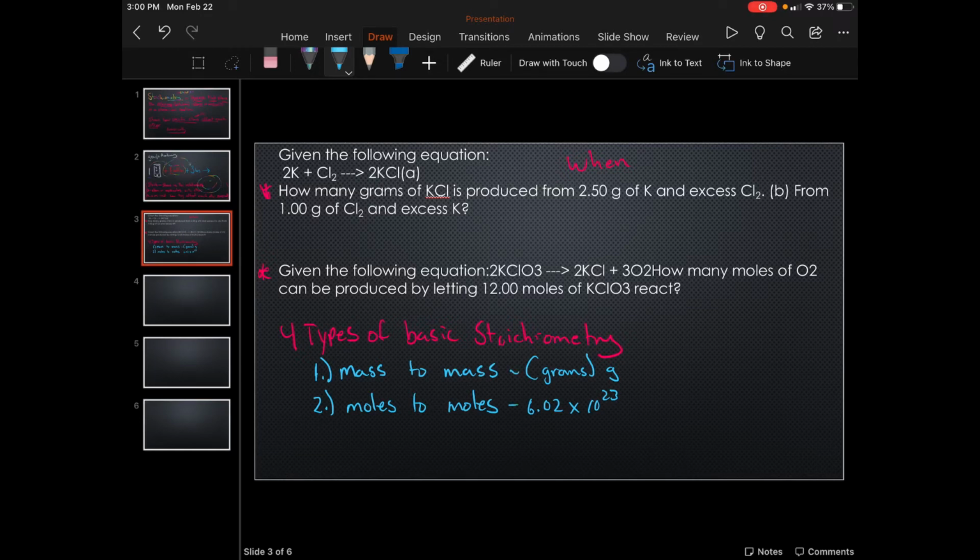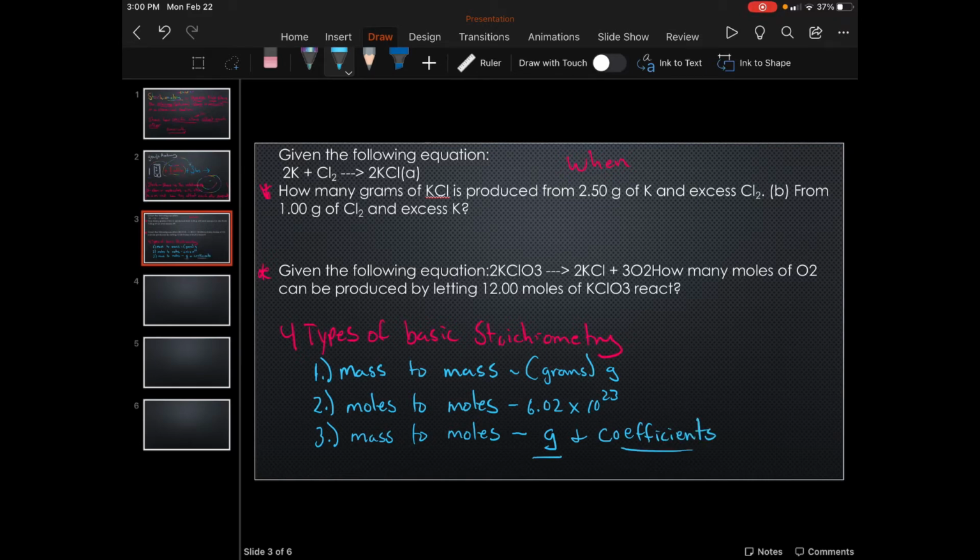But moles to moles. And then you got mass to moles. And that is going to be measured from grams, and here's one that we know of, coefficients. These are the two ways that we're going to get that.